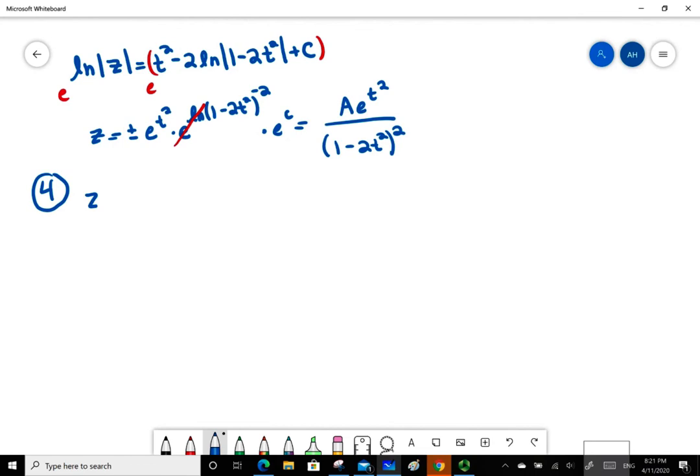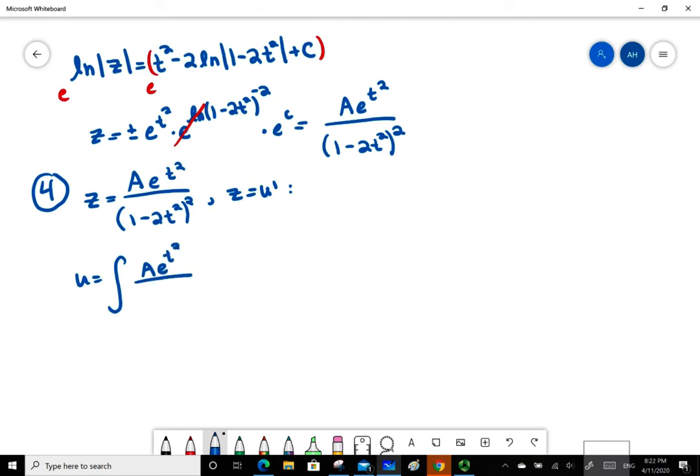Now that we have z equals a e to the t squared over 1 minus 2t squared squared, since z equals u prime, we need to integrate to find u. U is the integral of a e to the t squared over 1 minus 2t squared squared dt. But there is no closed form antiderivative for this, so we have to leave the answer as an integral.